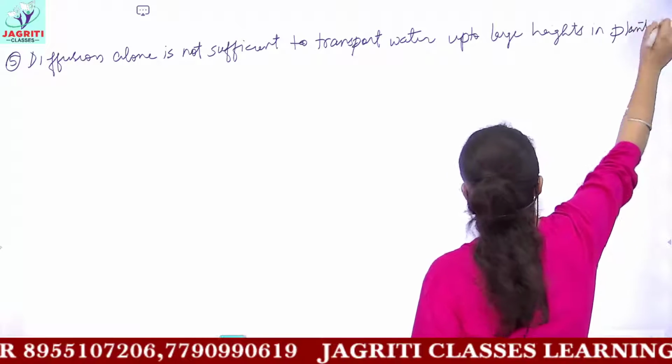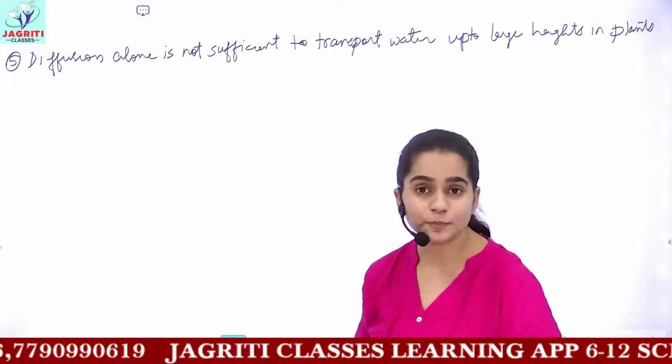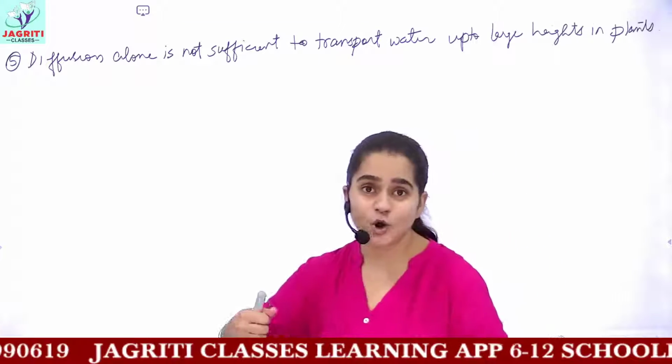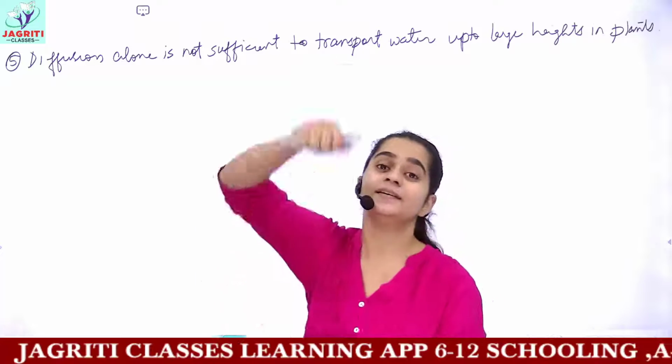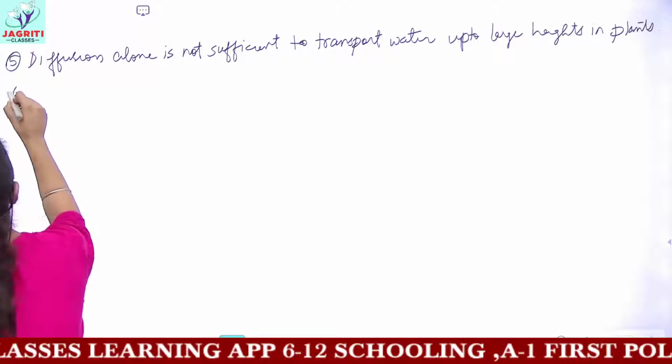Then this is the next problem, that the gravity is pulling. So the diffusion process is not so strong that it transports the water to much height in plants. So how to overcome this problem?